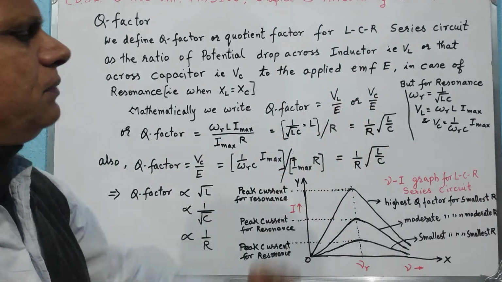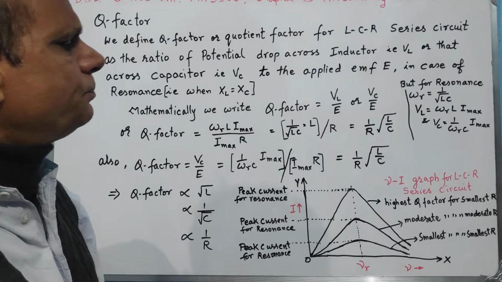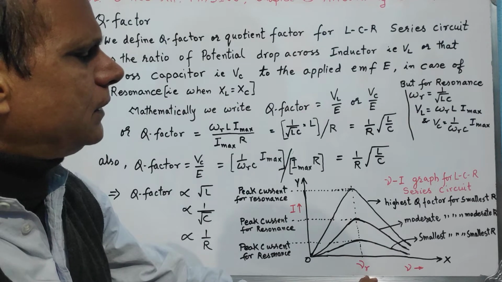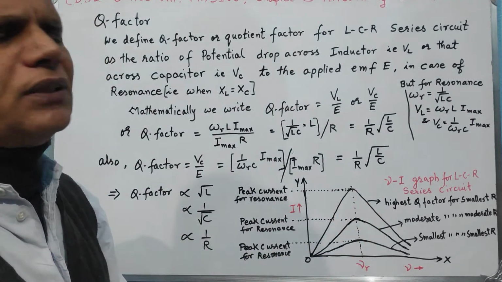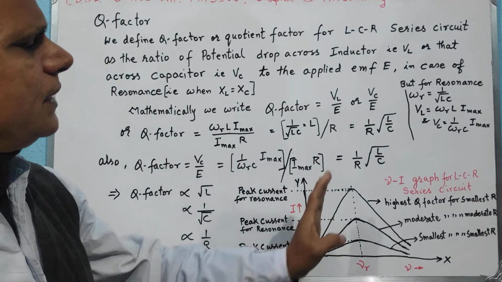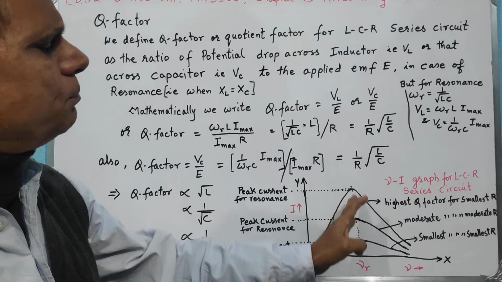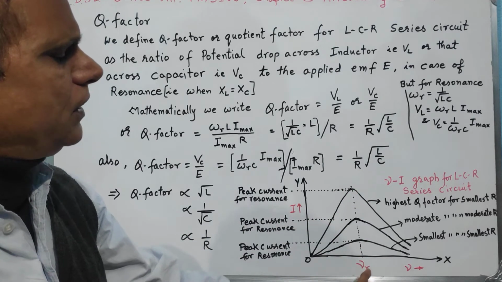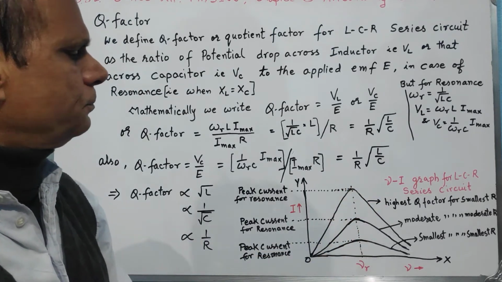This ratio will be higher, and a higher ratio means that with a slight variation from the resonating frequency, there will be a drastic drop in the current flowing in the circuit. That is, the Q factor will be higher. It implies that with a small variation in the frequency from the resonating frequency, the current will drop very drastically.